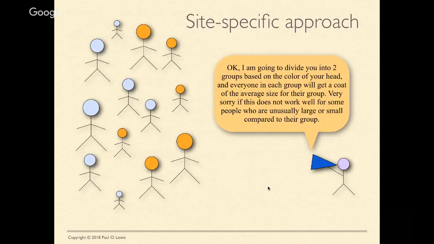You can sort of think about this, and this is my silly analogy. Let's say that this is a PI in a large lab group, and this is all of his postdocs and students, and he's going to buy lab coats for each of these students, and he's going to divide them up based on the color of their head. So you've got some criterion for dividing these postdocs and students into 2 groups, and you're going to find the average size of each person and then buy a lab coat that's that average size for that particular group.